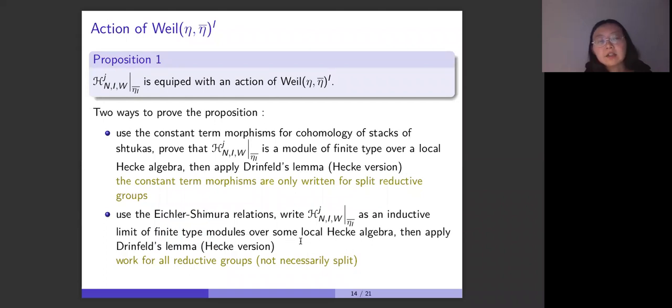We get an action of I copy of V group on each of these. It's enough to get the proposition. The advantage of this way is that it's easy to write down for all reductive groups.